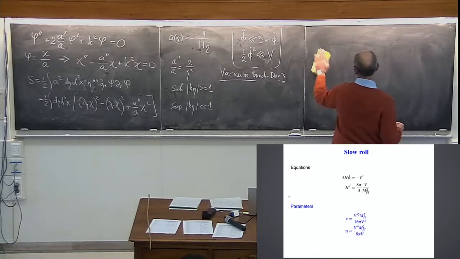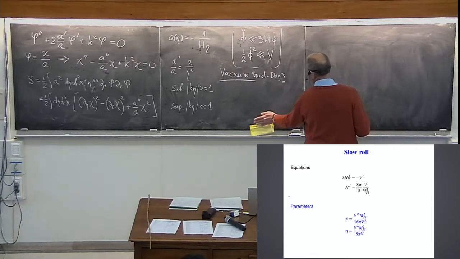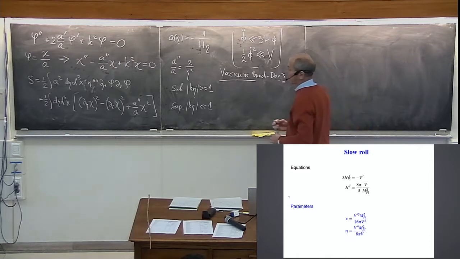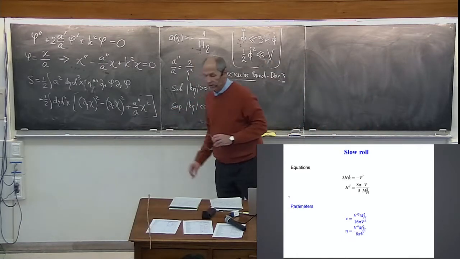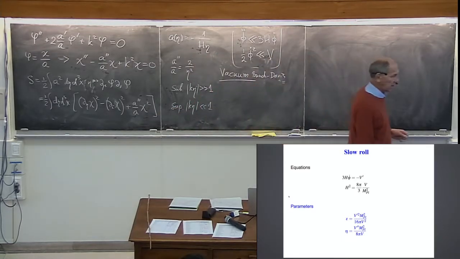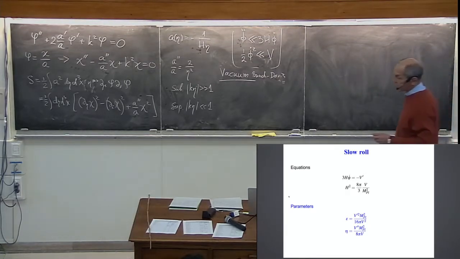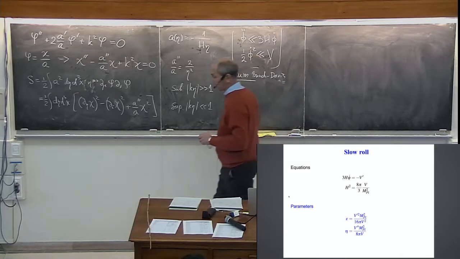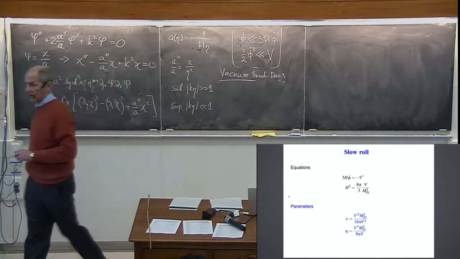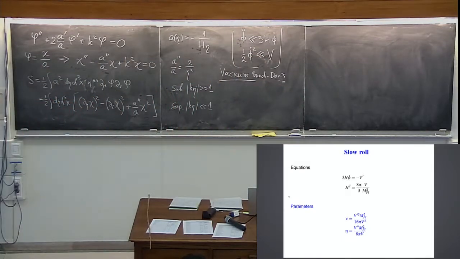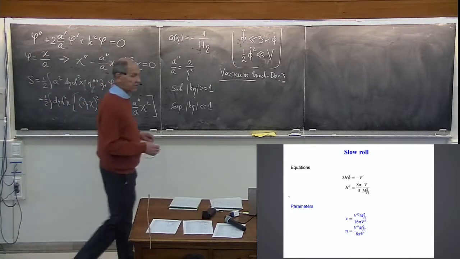So if we make this assumption, then once this term starts to be important, we have a free quantum field theory, but in an external field. And we know that in quantum field theory in an external background which changes in time, there will be particle creation, right?